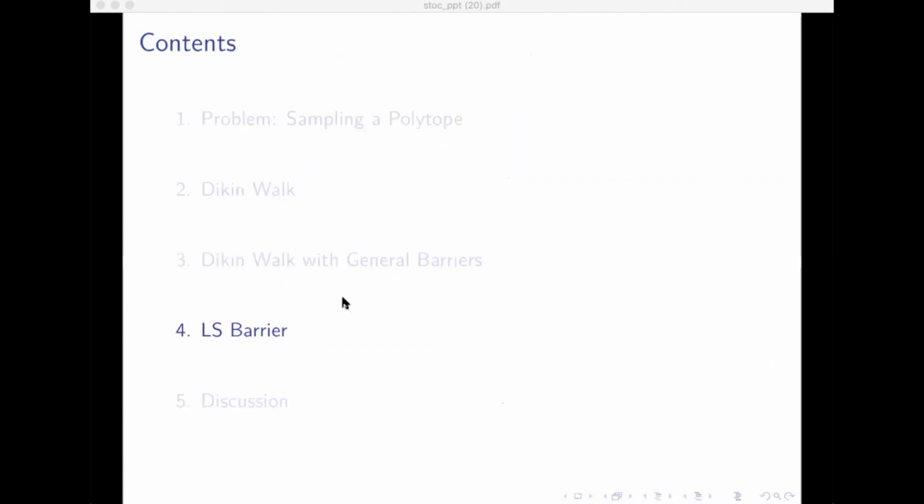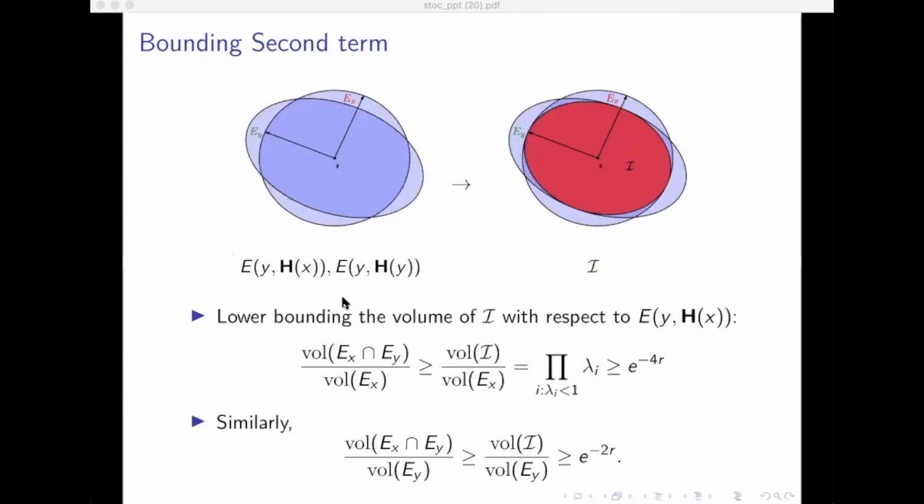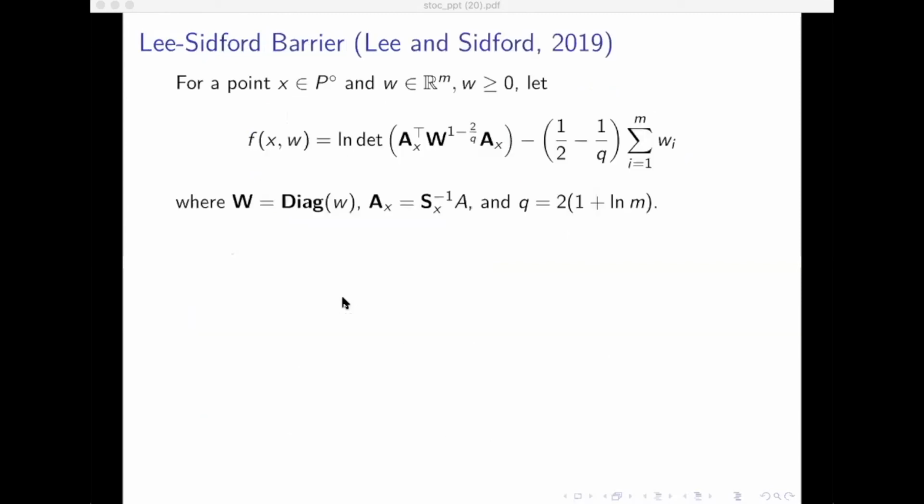Now, in this section, we present an instantiation of the three properties. This completes a proof of the function defined by Lee and Sidford, which is as follows.